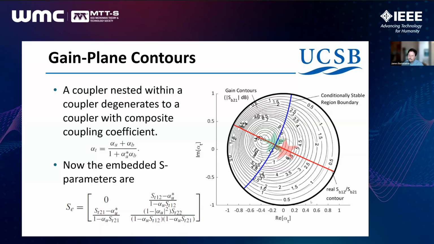We can move along a gain plane contour. You can see the real part of that gain boosting, SB12 over SB21. Moving along that red line, we can increase the gain. You're walking up this gain contour to higher and higher gain until we reach around 11, 12 dB, which is the point at which we're at the edge of the conditionally stable region.